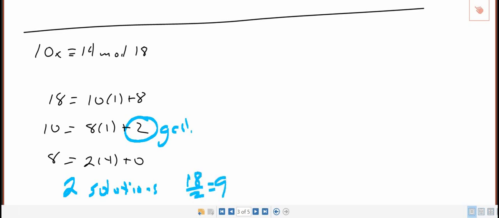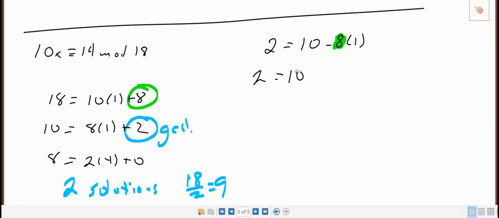We're going to go in increments of 9 once we find the first one. Okay? So to find the first one, I'm going to rewrite that as 2 equals 10 minus 8 times 1. And then I go back up and I look at that remainder. And that's what we want to substitute in for the 8 here, right? So that's 2 equals 10 minus, and I'm going to call that plus a negative 1.